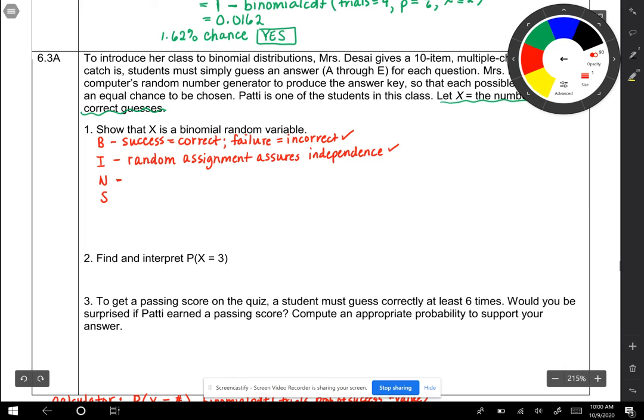There's 10 items, so the trials is 10. And finally, the probability of success: there's 1 correct answer out of 5 choices, so probability of success equals 1/5 or 0.2.